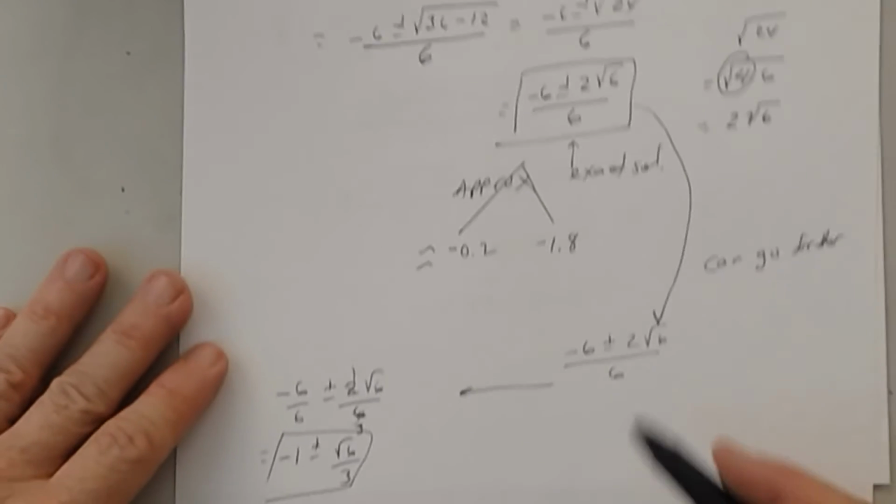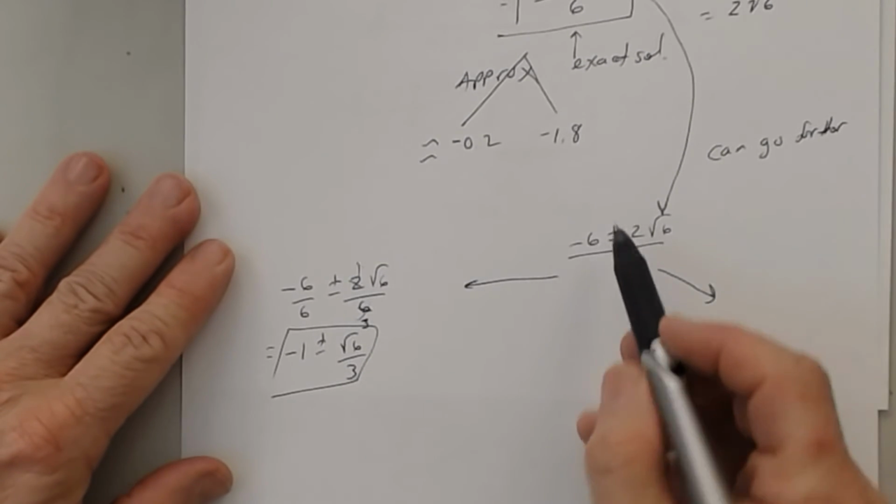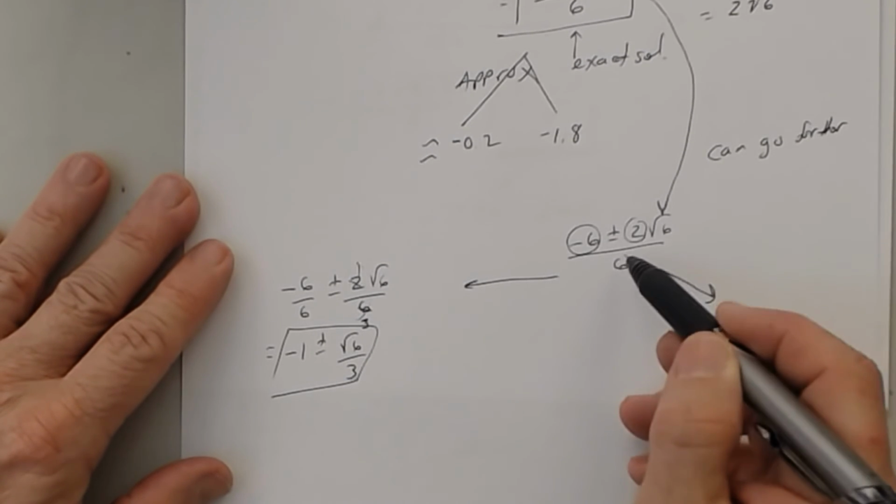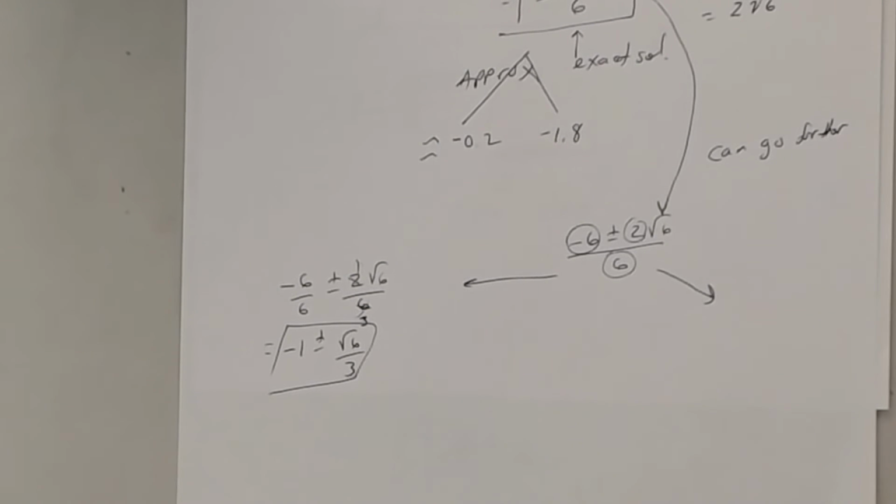But I just want to remind you about this approach as well. The other approach is this. I'm going to circle these numbers right here. Those three numbers, what do they have in common? What's the common factor? 2. All right.